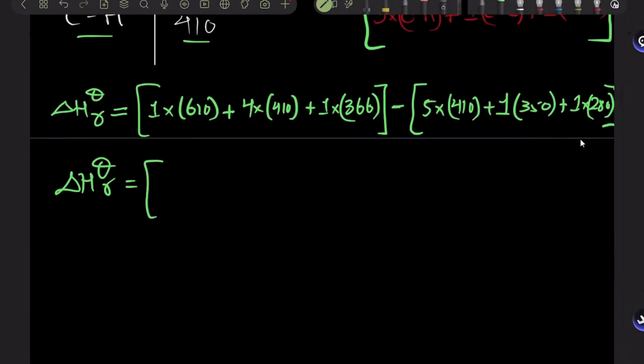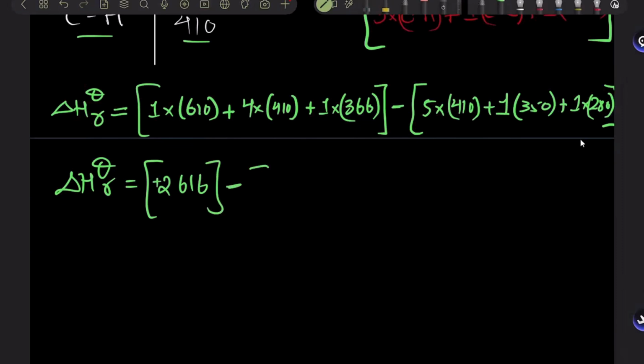Just plug it in as it is in the calculator and then calculate the total. So it's 610 plus 4 times 410 plus 366. That's 2616, and positive.